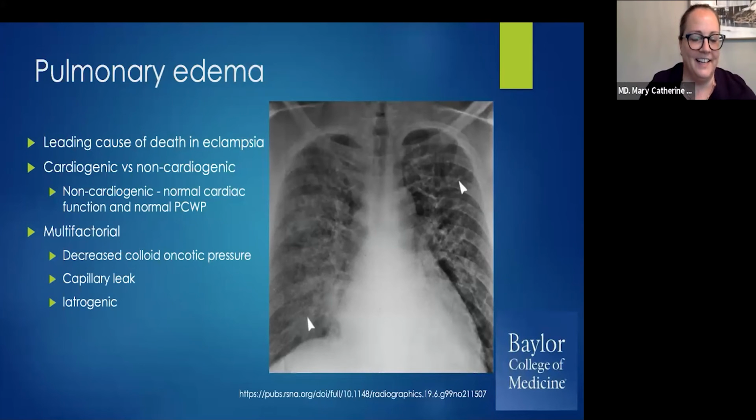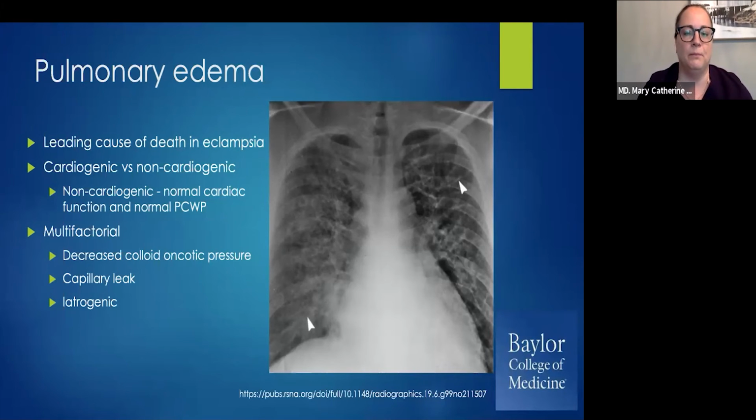Apologies for that. So the pulmonary edema in preeclampsia, just like with acute kidney injury, is multifactorial, but with some of the same physiologic processes: decreased oncotic pressure within the vessels that withholds the fluid, and the capillary leak, which make it hard to maintain a good intravascular volume without overloading the patient.